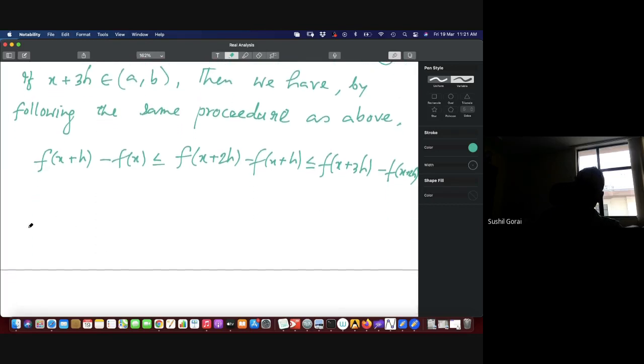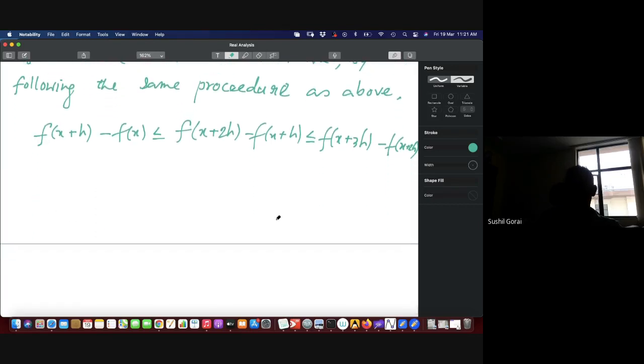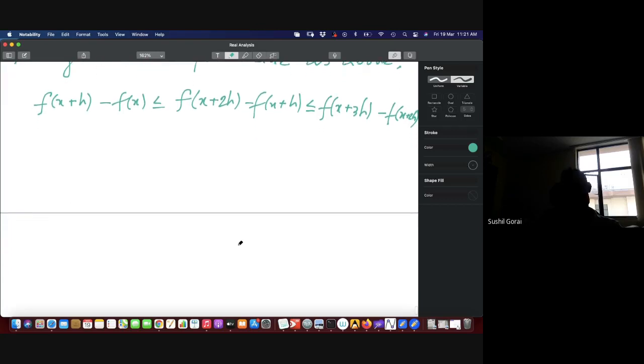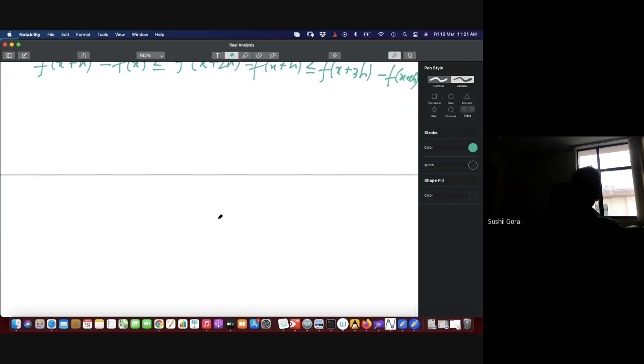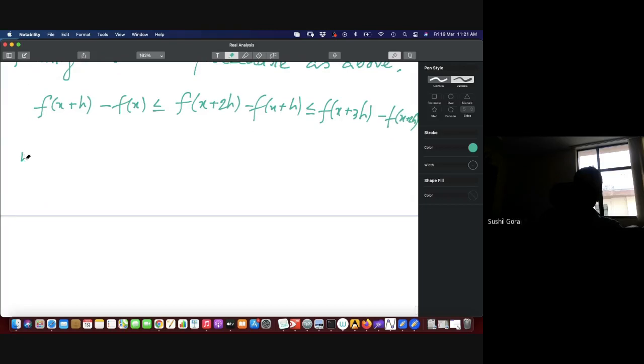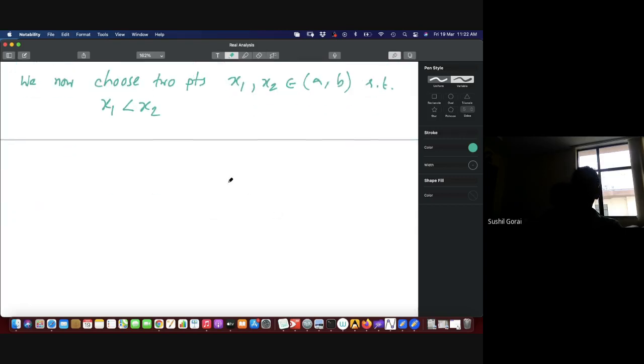All right, so now we do some basic stuff. Choose 2 points x1, x2 in AB such that x1 is less than x2.